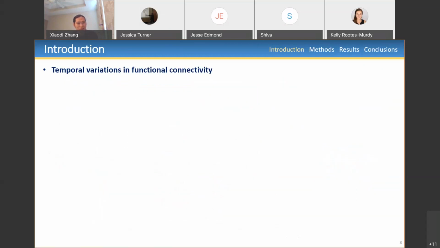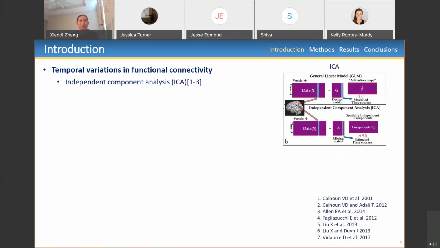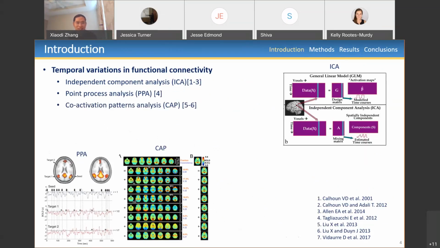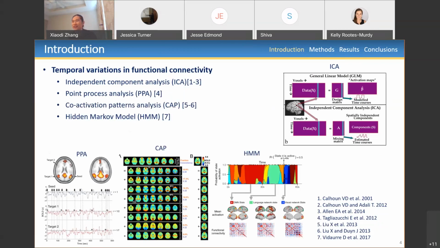So people also try to figure out if there are other ways to do this. There are a couple of approaches like independent component analysis, point process analysis, co-activation pattern analysis, and also hidden Markov models.